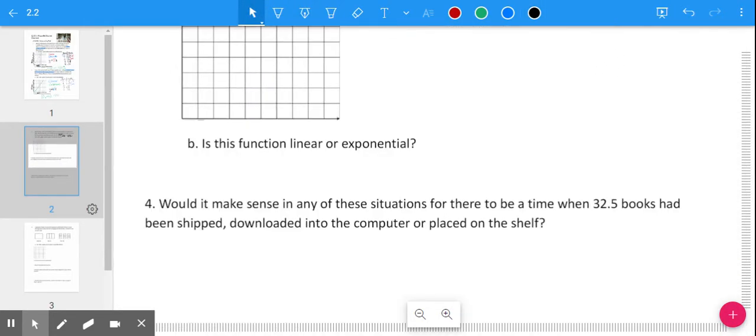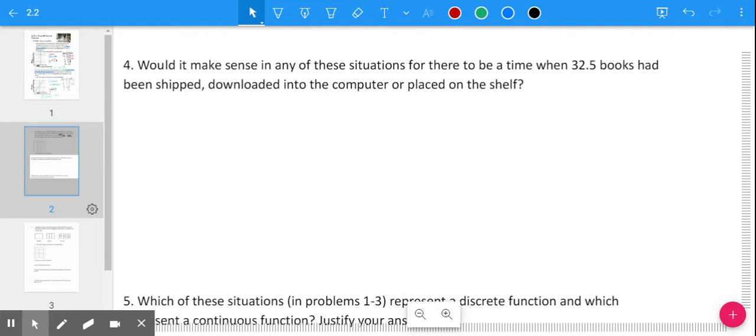The next several questions are comparisons. So would it make sense in any situation for there to be 32.5 books? Now, we've talked about with shipping, you're not shipping half of a book. With downloading, you can have half of a book because it's progressive, it's gradually downloading. And half of a book on a shelf? Nope, we don't do that one either.